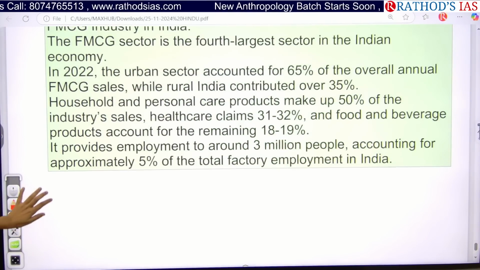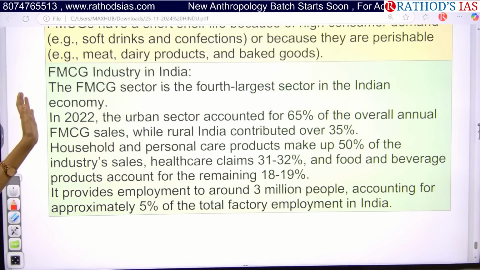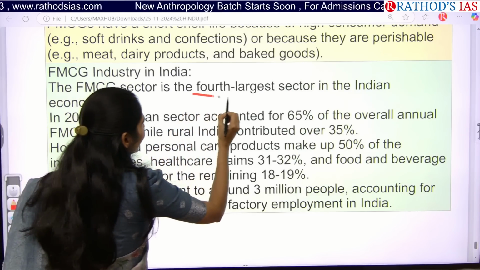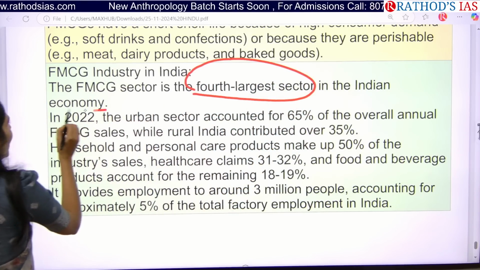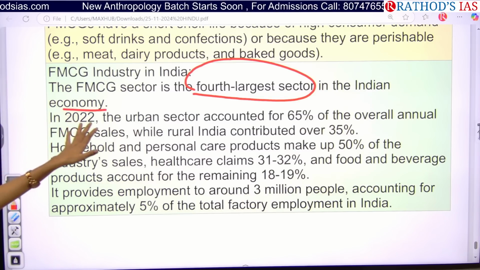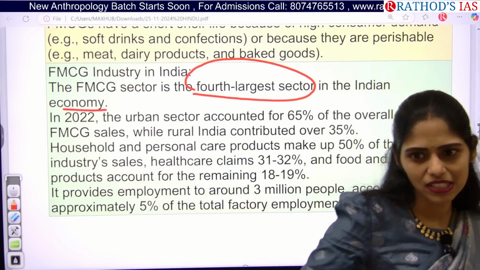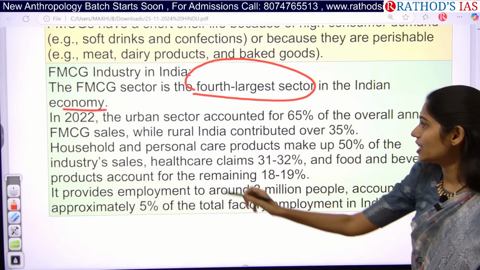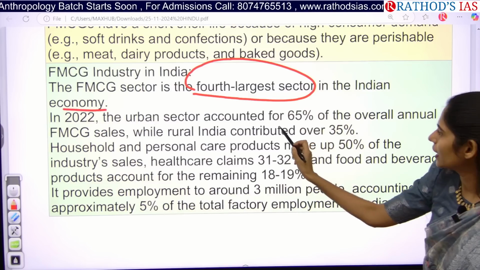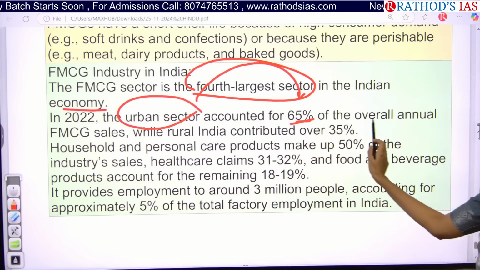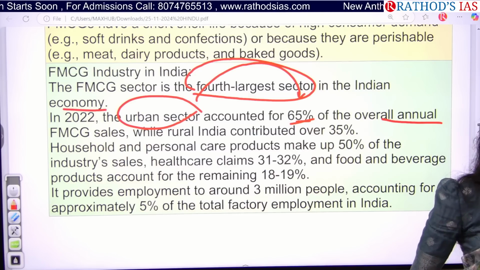Here you have to see the statistics regarding the fast moving consumer goods industry in India. This sector is the fourth largest sector in our Indian economy. If there is a decrease in demand, obviously it affects our economy, and there is a decrease in GDP. In 2022, urban areas accounted for 65% of overall annual FMCG sales.